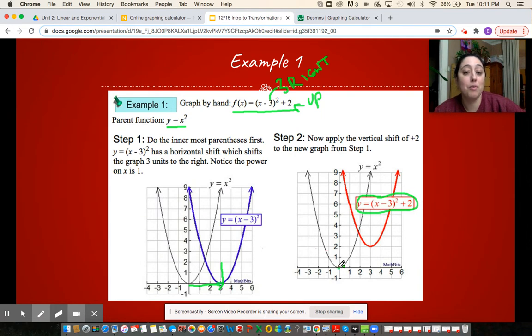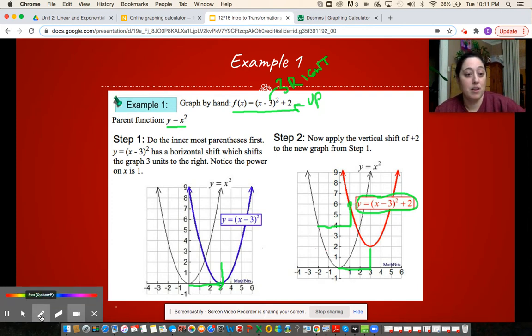From the original function, you went 1, 2, 3 to the right and 2 up. And you can do that on any point in your original function, and it will get you to the corresponding point on your transformation. So if I pick here, I go 1, 2, 3 to the right and 1, 2 up, and there's my corresponding point.